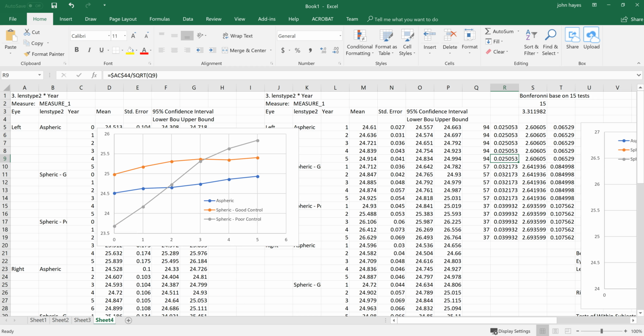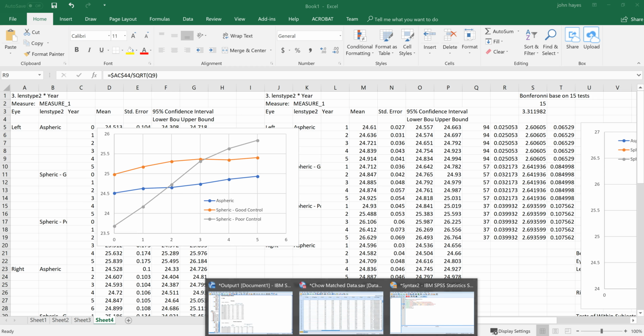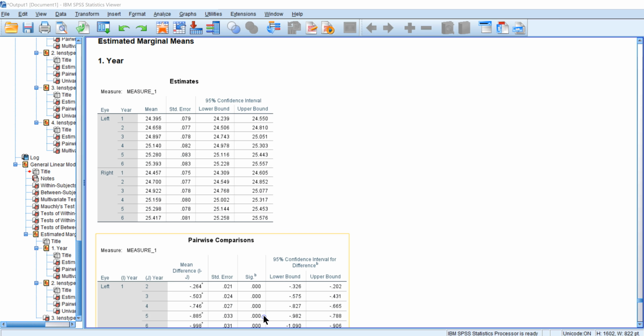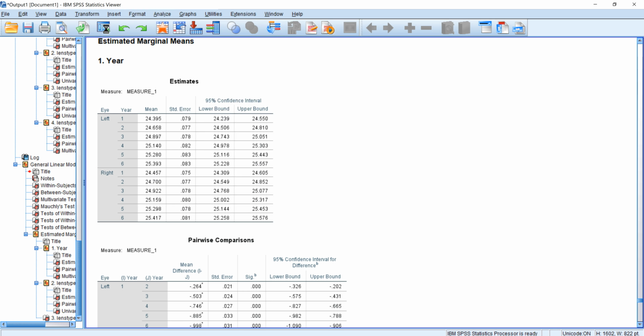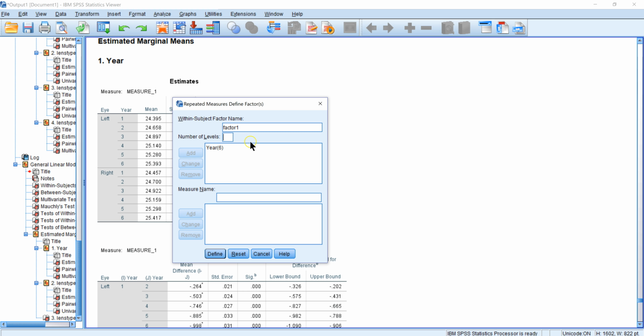And what we did in our analysis was we included the baseline measure. So what we're going to do here is get rid of the baseline measure.